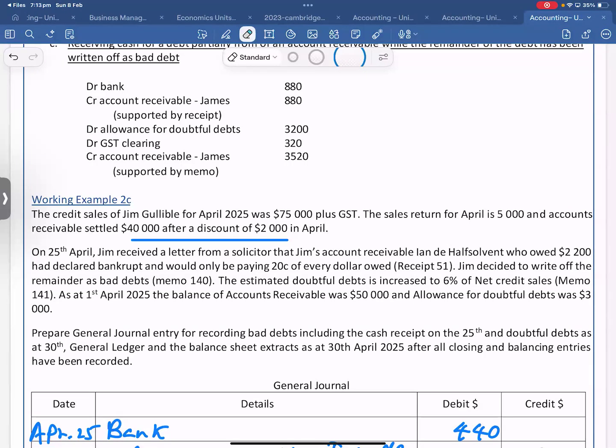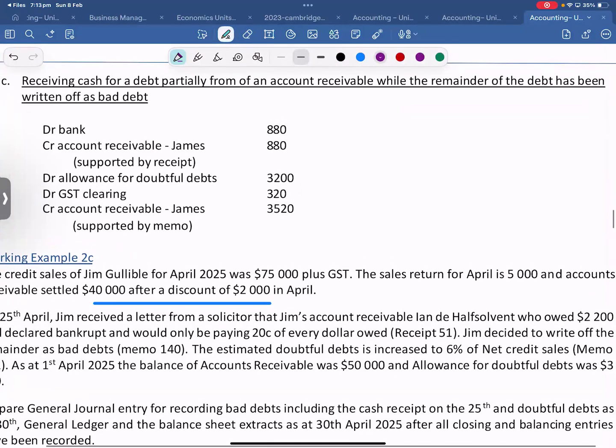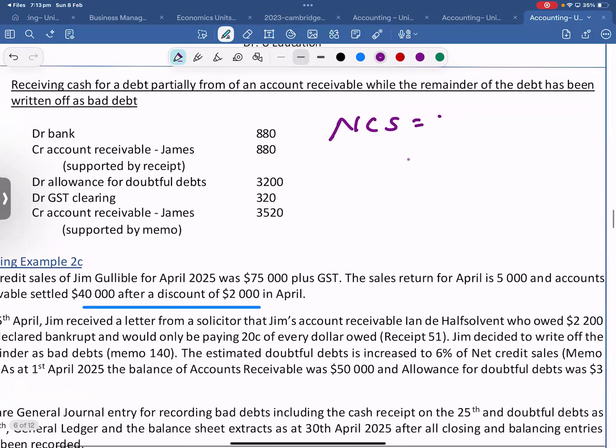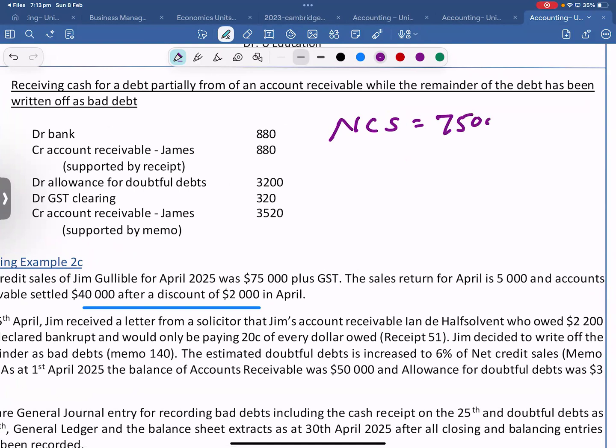Okay, guys, net credit sales says how much? 70,000, yes. 70,000 times 6% is 4,200. How did you get it, guys? 75,000 take away 5,000 is 70,000, times 6% is 4,200, yes?